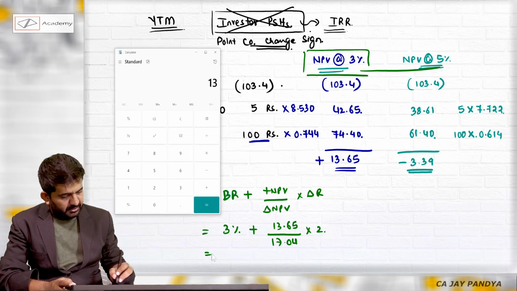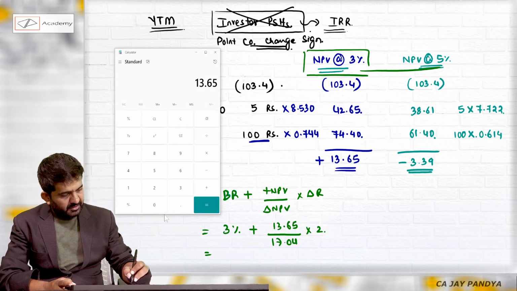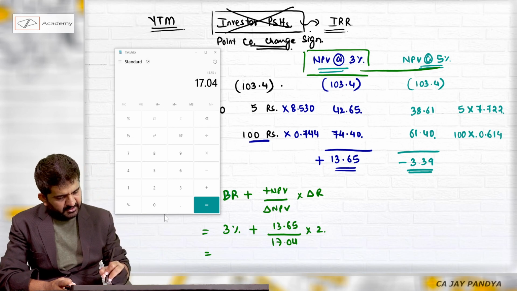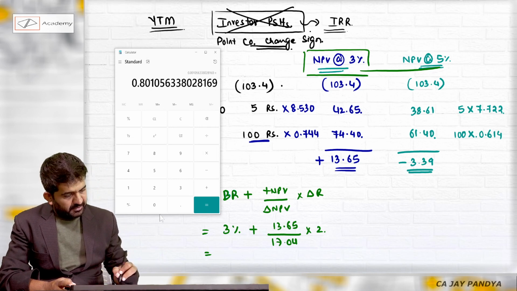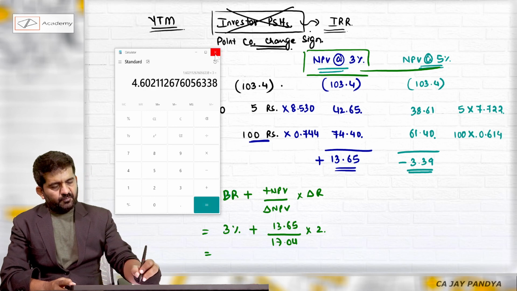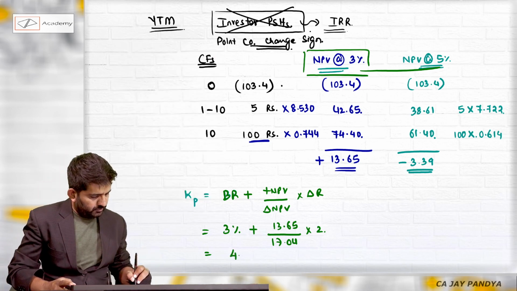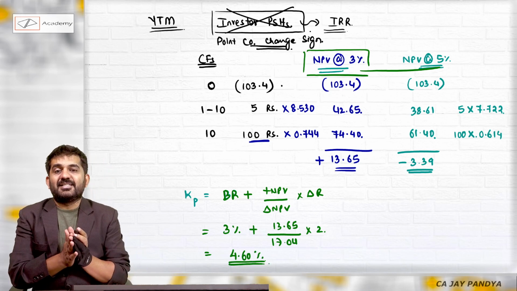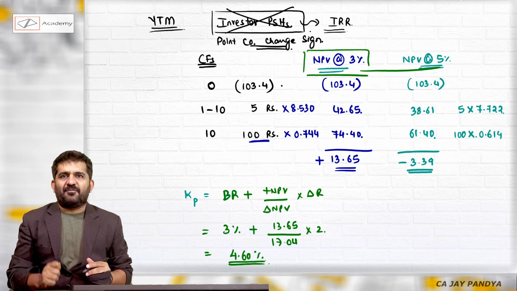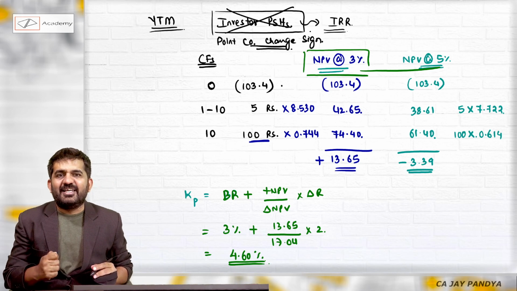This will be 13.65 divided by 17.04 multiplied by 2 plus 3. It is 4.60. This is nothing but the cost of preference shares by the YTM method.